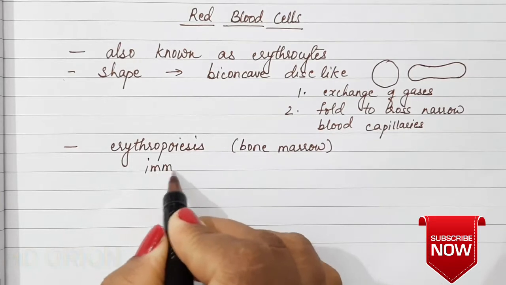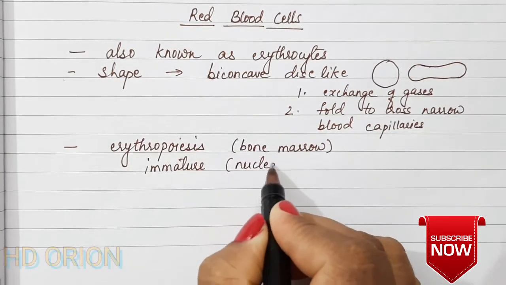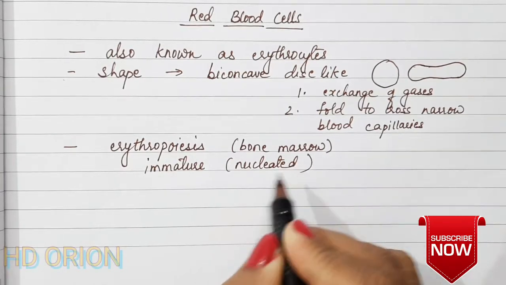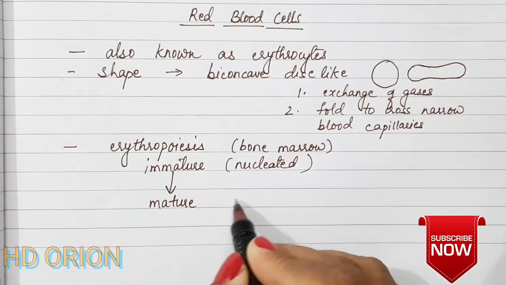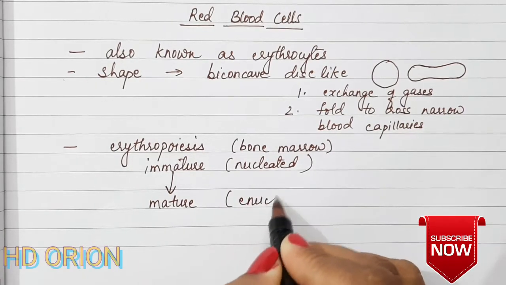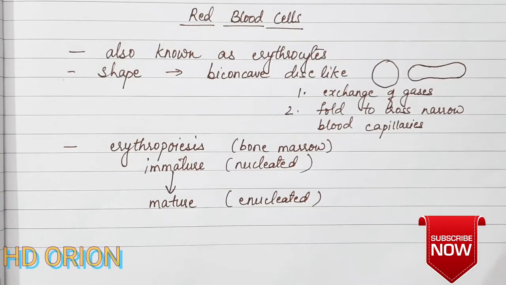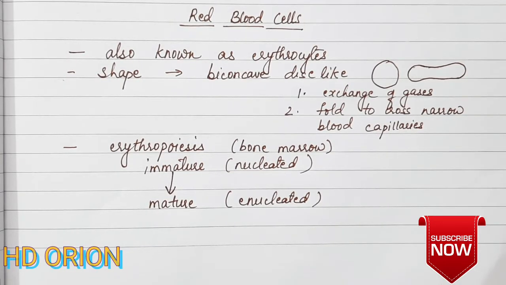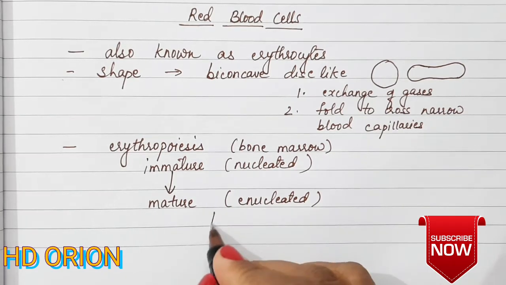That means immature cells are nucleated. But when they get mature, they become enucleated. Enucleated means they lack nucleus, and not only nucleus but also the cell organelles like mitochondria, Golgi body and all other cell organelles gradually disappear, and this is so to capacitate the hemoglobin.